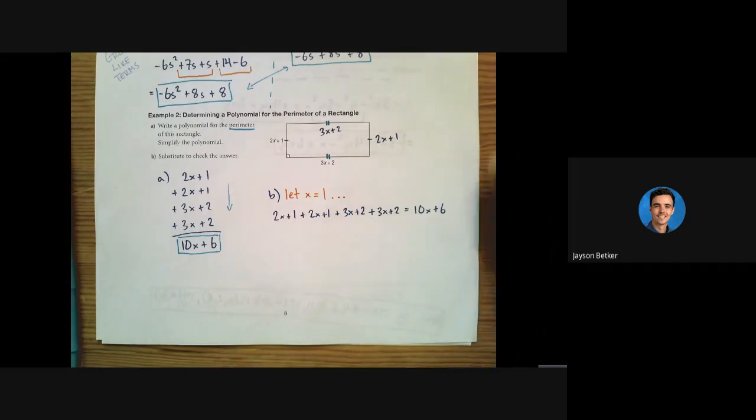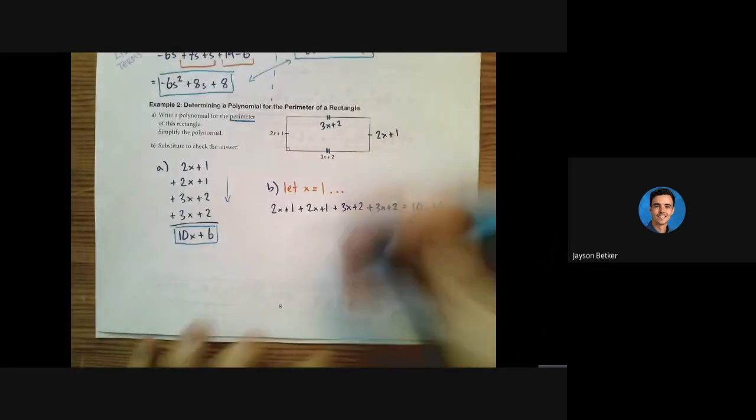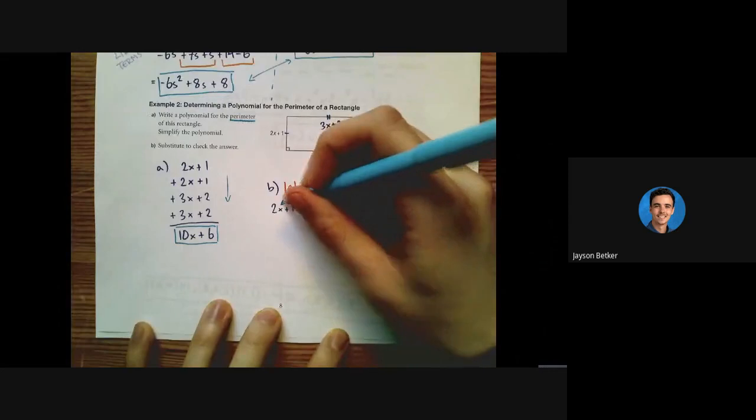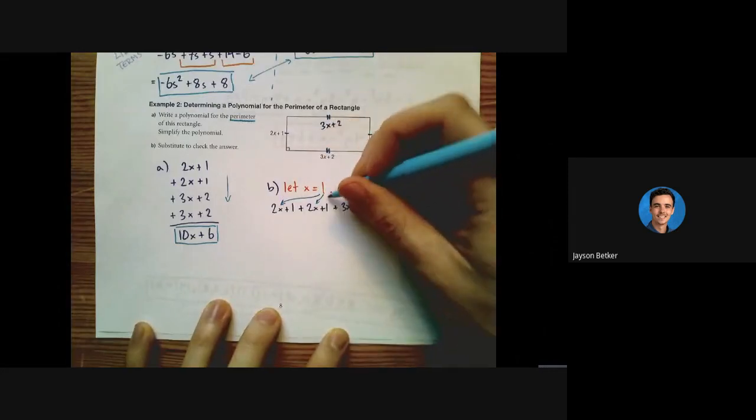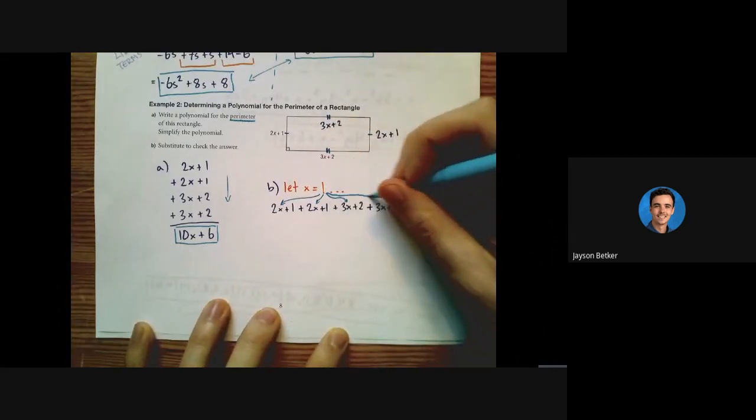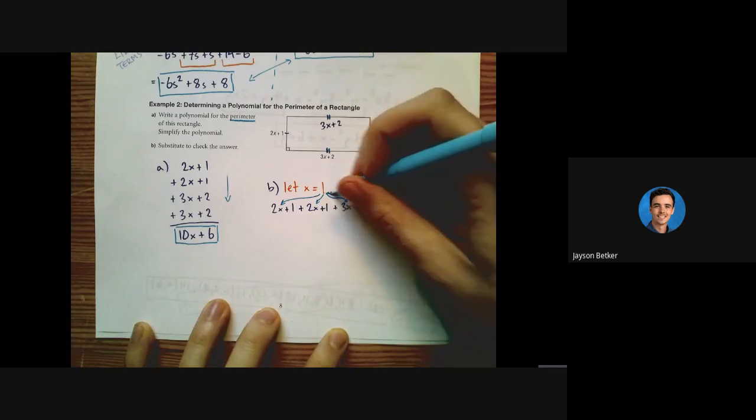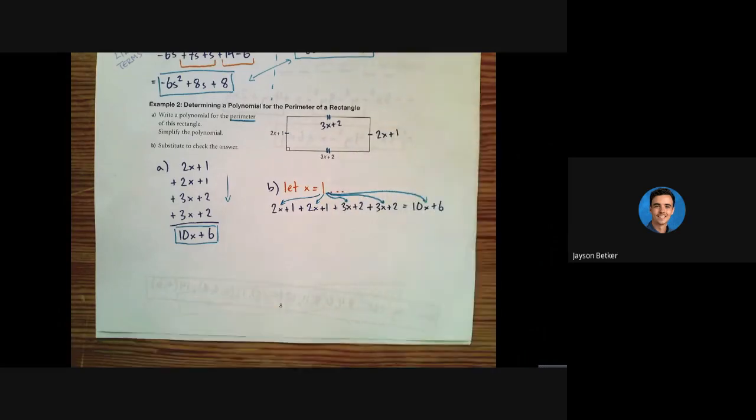So now what you do is you plug x equals 1 in for every single x that you see in there, and you make sure that they're still equal to each other.